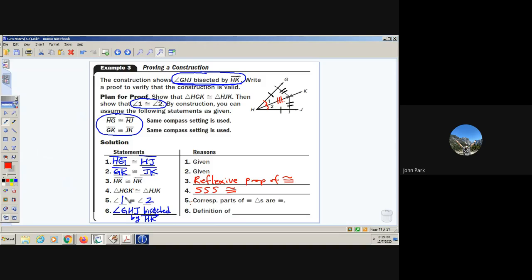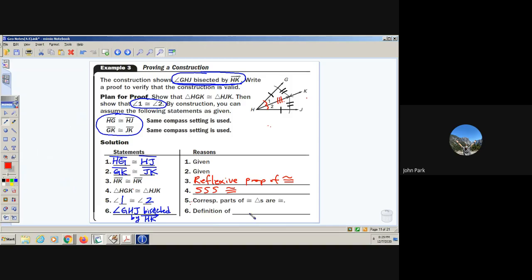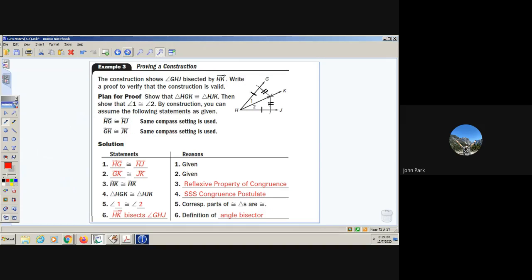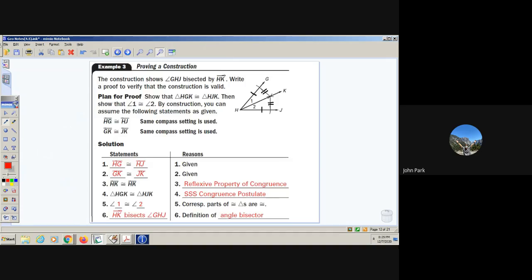And so because angle 1 and 2 are congruent, that is going to tell you that the angle GHJ is bisected by the ray HK in the middle, and that is the definition of angle bisector, right? So when you bisect something, it's going to cut in half, and it's going to give you two congruent angles there, okay?